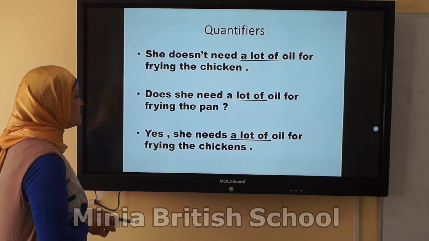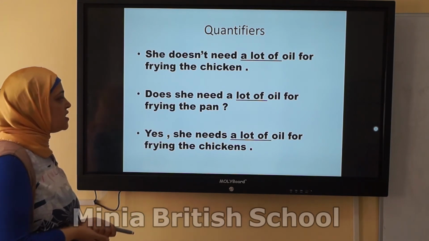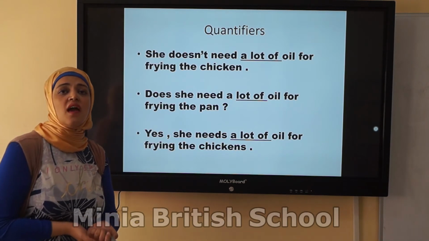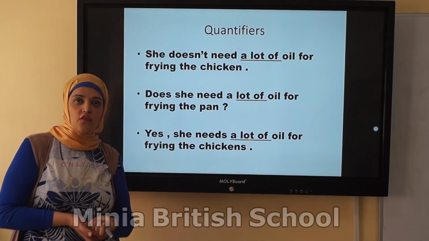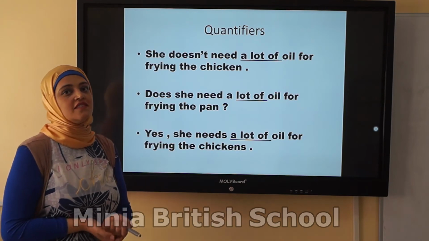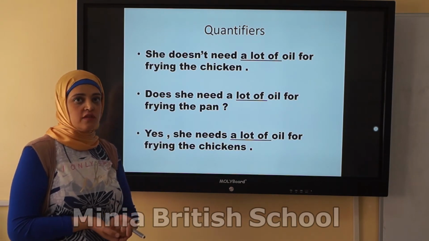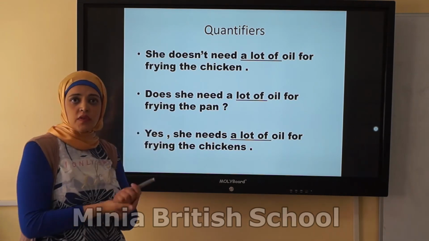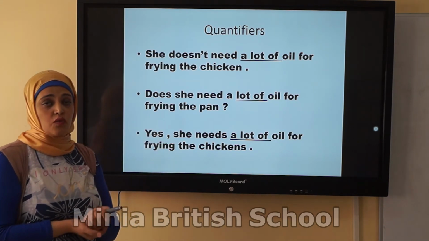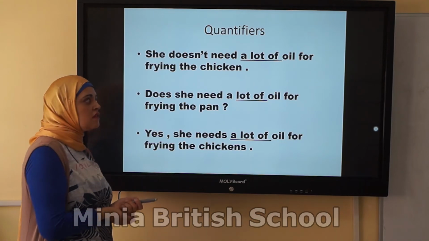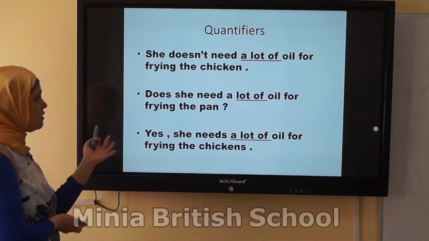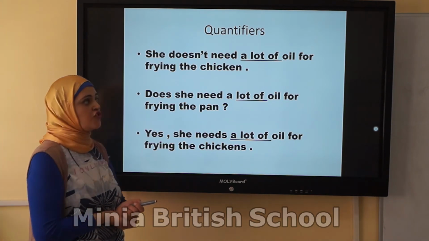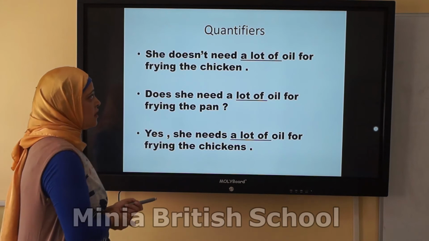And if I said yes, she needs loads of oil for frying the chickens, it means we can use a lot of and loads of instead of much in the affirmative sentence to refer to an amount of something. In the negative way it's also right: she doesn't need a lot of, or she doesn't need lots of, or she doesn't need much.